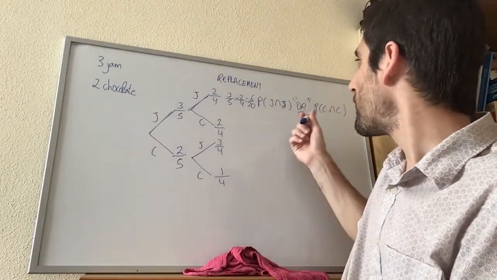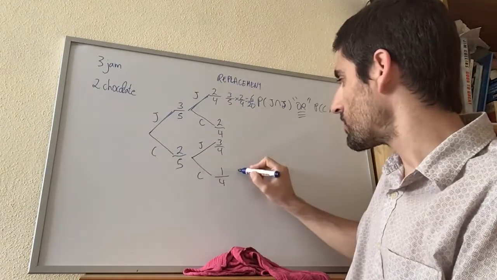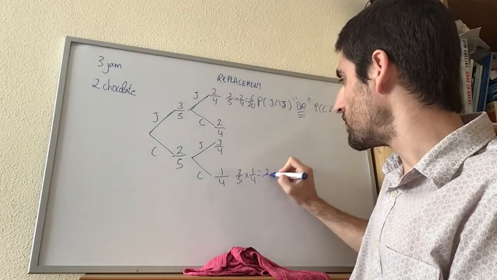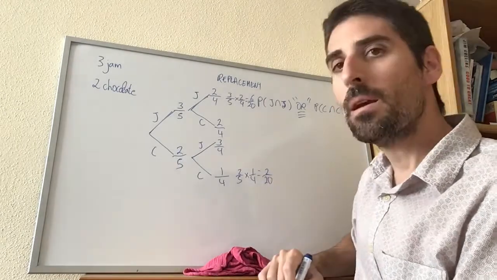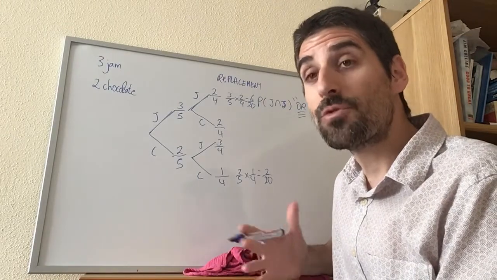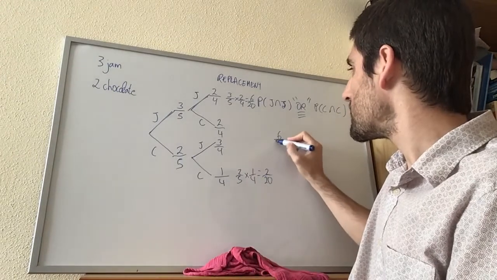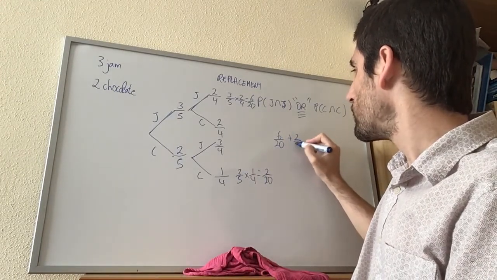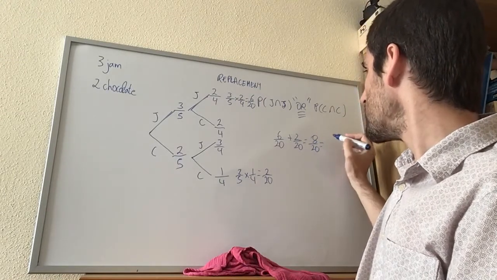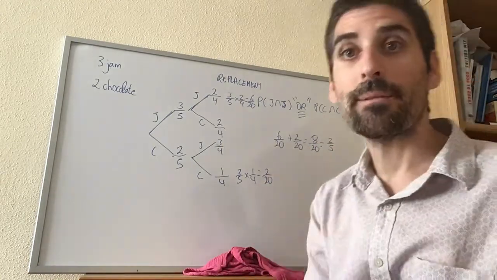And the probability of both donuts being chocolate is going to be chocolate and chocolate, so 2/5 times 1/4, which is 2 out of 20. So the probability of both donuts being the same flavor, I didn't care which flavor they were, is going to be 6 out of 20 plus 2 out of 20, which is 8 out of 20, which is indeed 4 out of 10, 2 out of 5. And that would be my final answer.